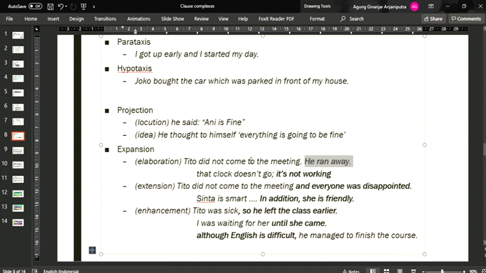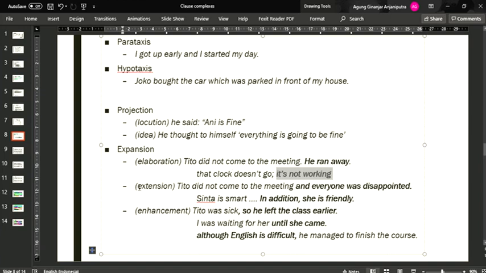This one elaborates the previous clause. It is to specify the previous clause. The next example is the clock doesn't go, it's not working. It's like a restatement of the previous clause.